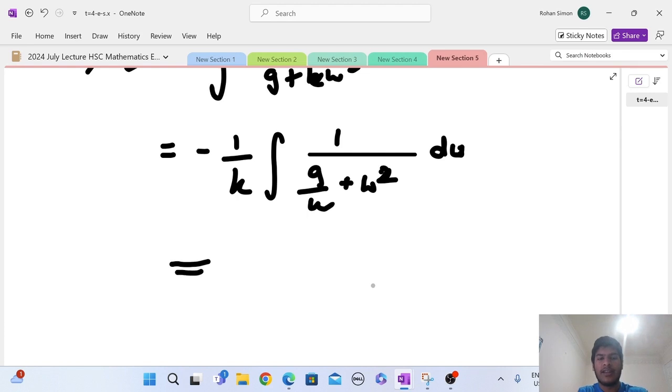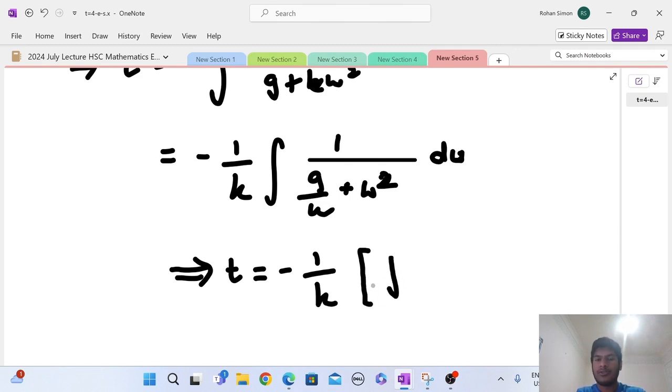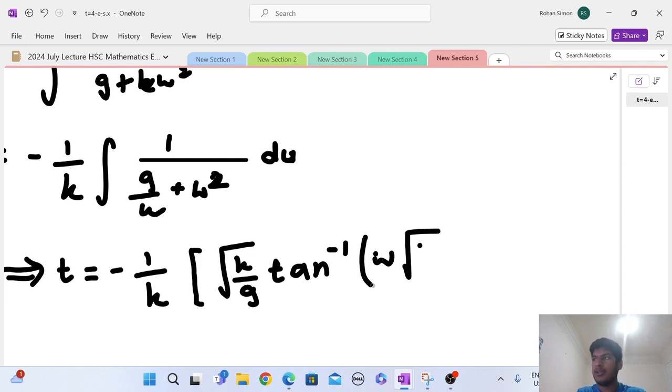So that implies that we get t equals minus 1 on k times root k on g, because the reciprocal of the inside brackets has to be at the front. Tan inverse w root k over g plus c.